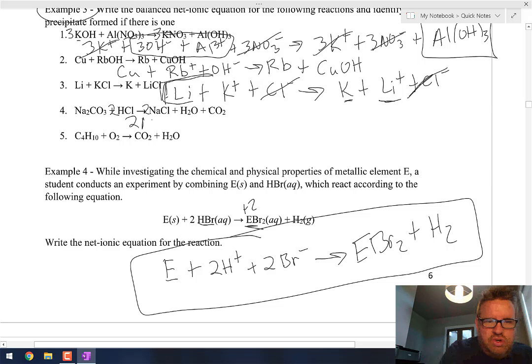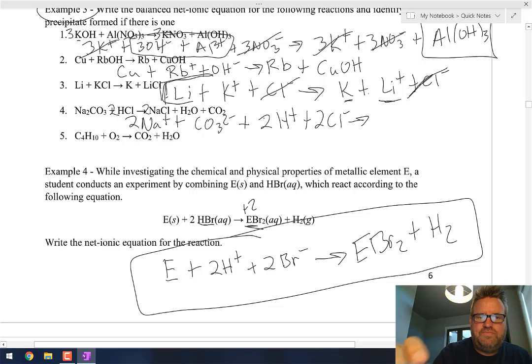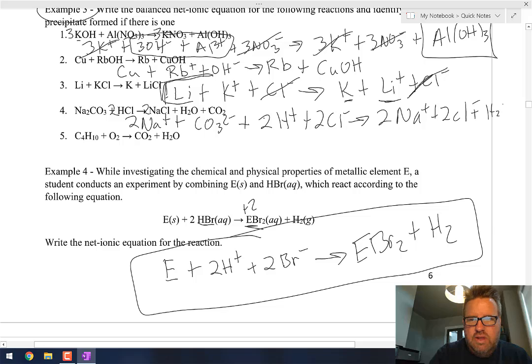So 2 Na pluses plus CO3 2 minus plus 2 H pluses plus 2 Cl minuses make 2 Na pluses plus 2 Cl minuses plus H2O plus CO2.